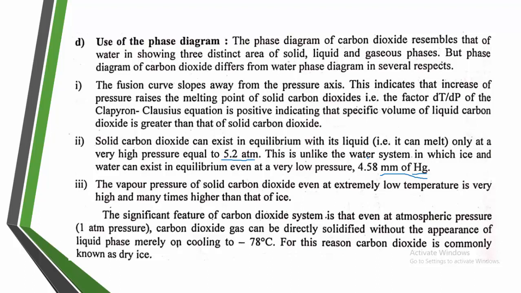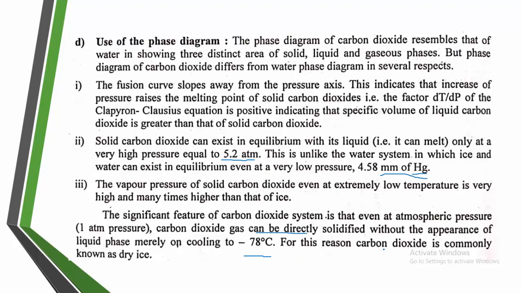This is the difference: carbon dioxide is always in the gaseous form at room temperature or at 1 atmospheric pressure. As we know, at 1 atmospheric pressure carbon dioxide is always in the gaseous form and directly solidifies, without appearance of a liquid, at minus 78 degrees Celsius, where it looks like a solid.